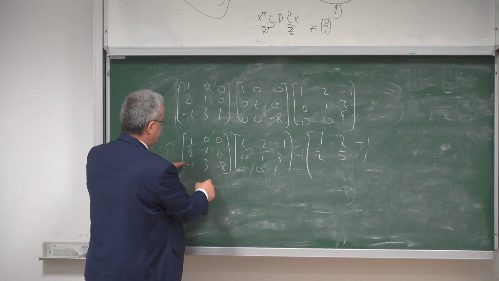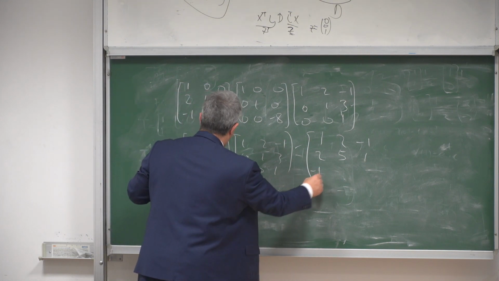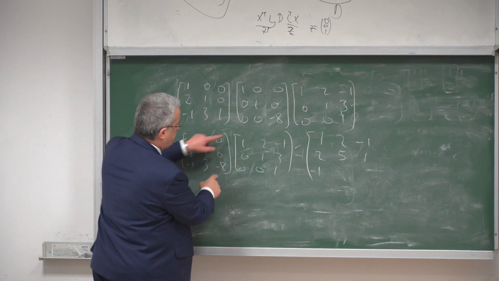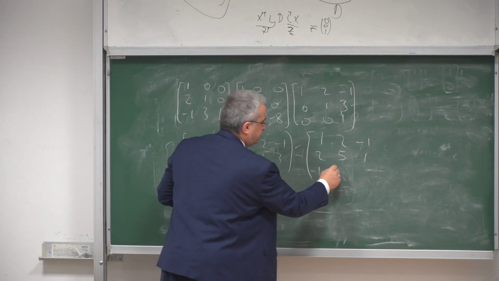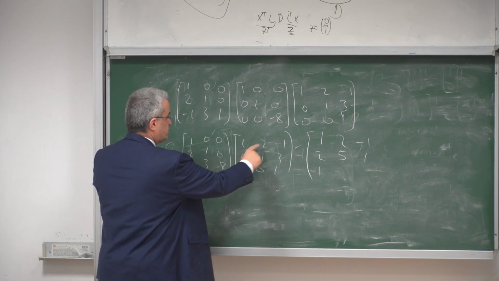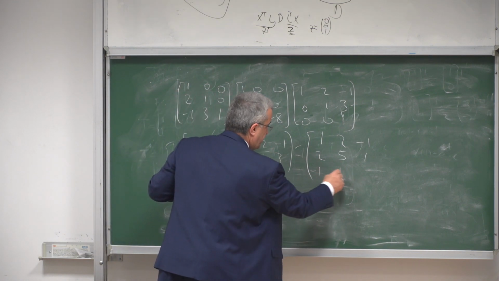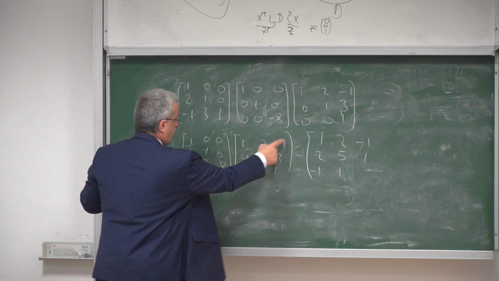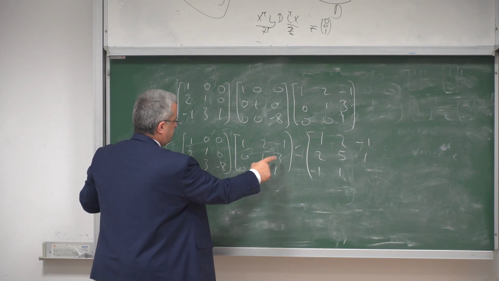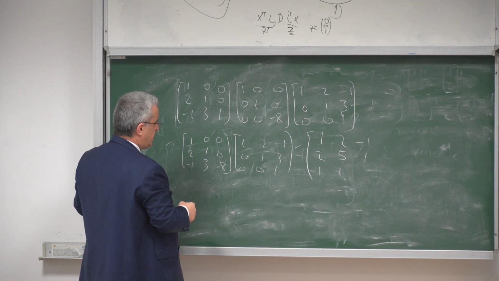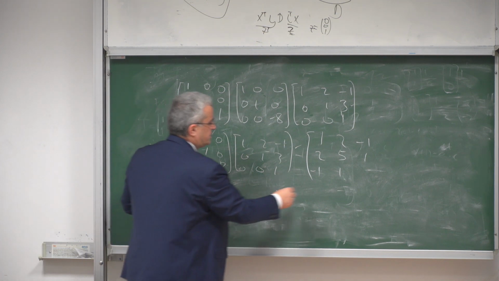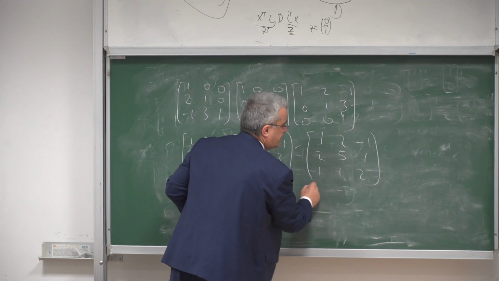This is -1, and this -1 plus 3 is 2. -2 plus 3 is 1, and this is 1 plus 9 is 10, minus 8 is 2. So is this A?